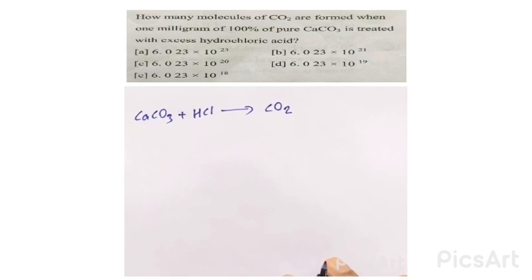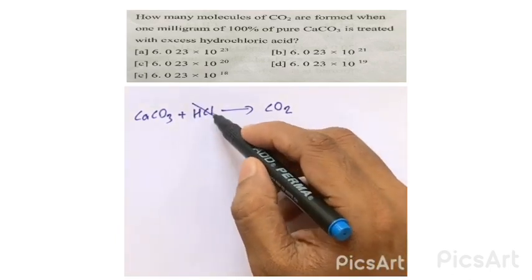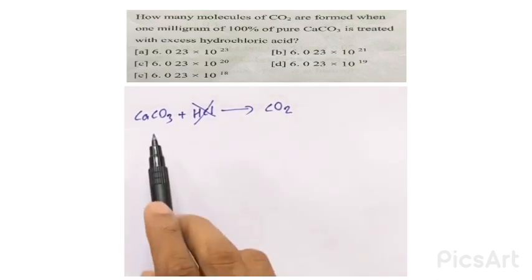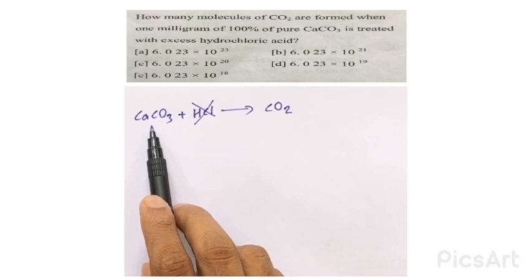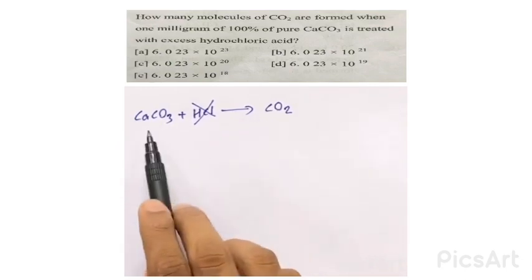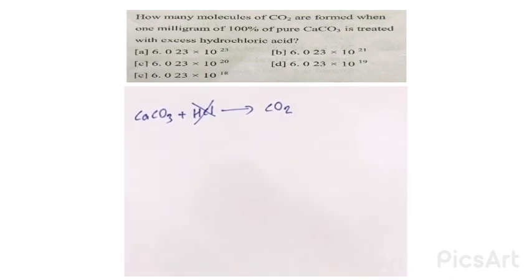Actually, in this reaction, byproducts are not required because HCl is in excess, so its quantity is not important in this calculation. We are given the mass of CaCO3 only. From 1 CaCO3, we will get only 1 CO2. So it is balanced and byproducts are not necessary.